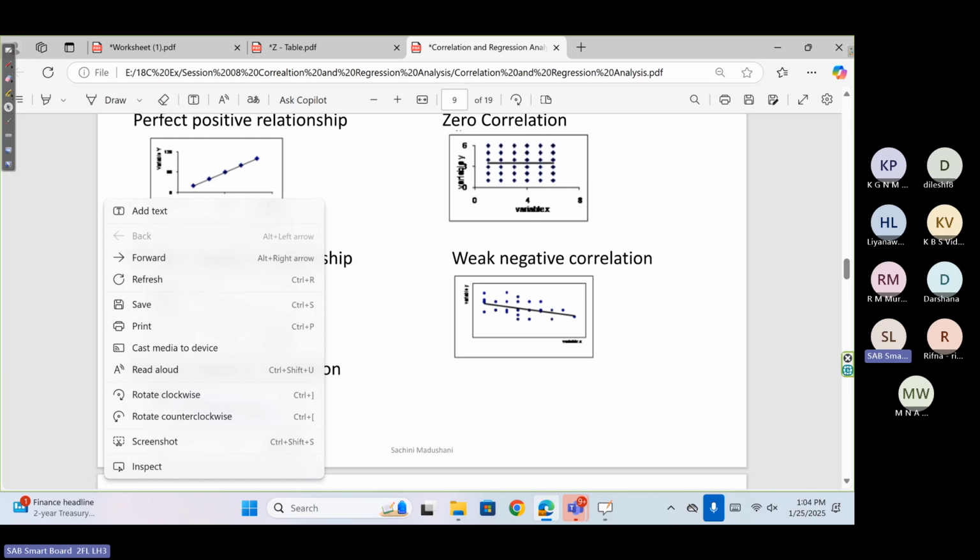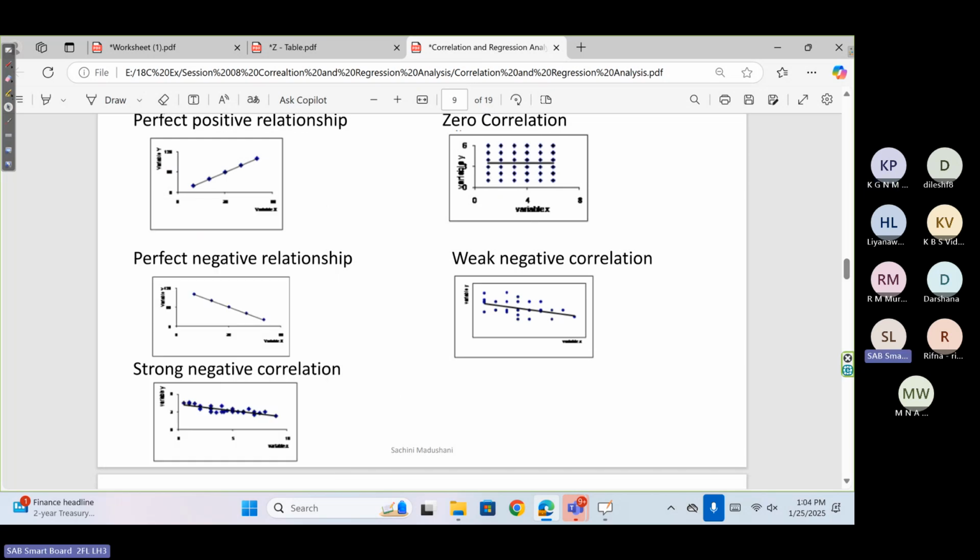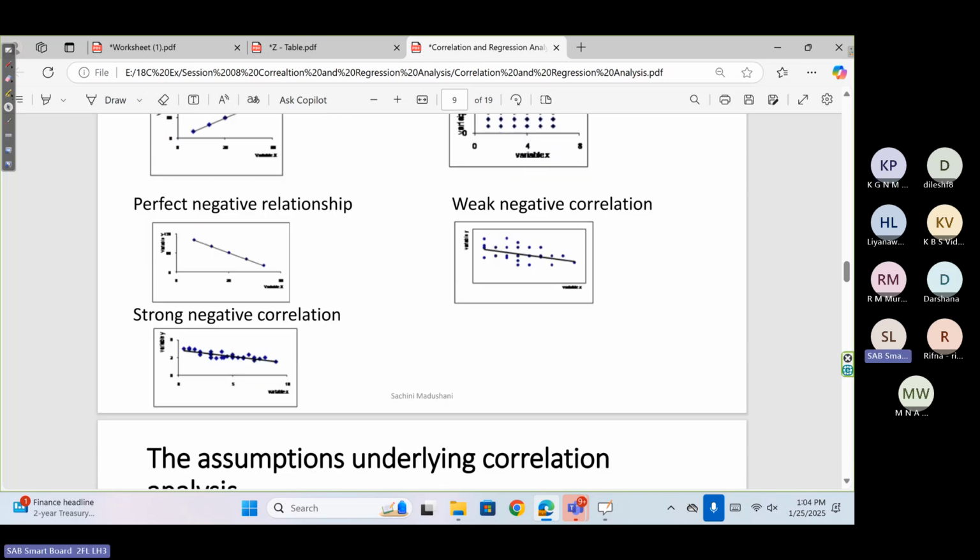The next one is this one. Here it is perfect negative. There is a downward trend, negative. All the scatters are on the same straight line. It's clear?